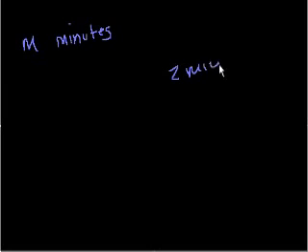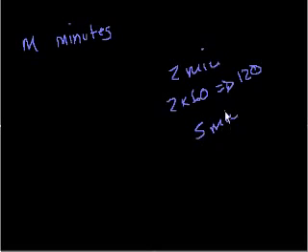If there's m minutes, how many seconds are in m minutes? Think about it. If I'm talking about 2 minutes, there's 60 seconds per minute. So if I said 2 minutes, I would multiply 2 times 60, and I would get 120 seconds. If it was 5 minutes, I would multiply 5 times 60 and get 300 seconds.